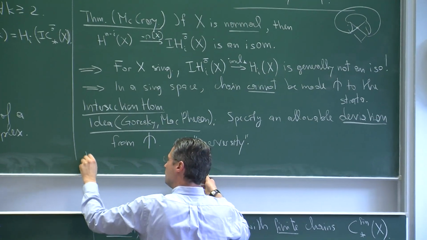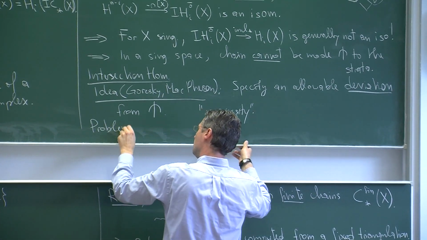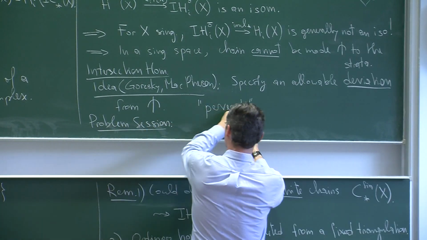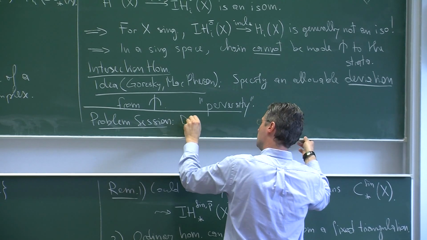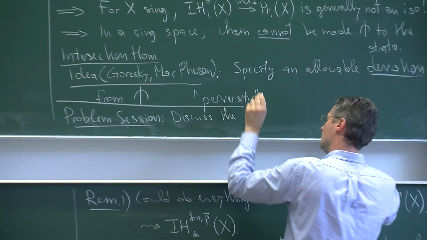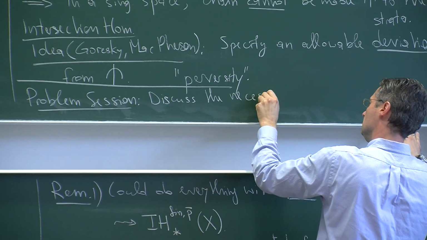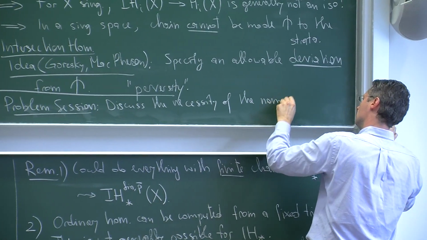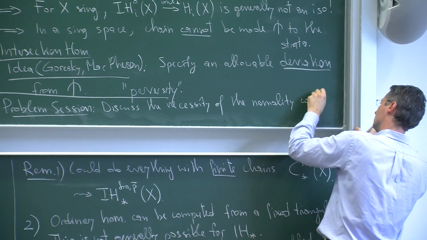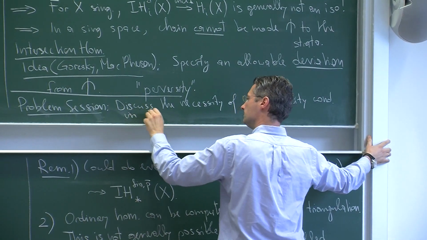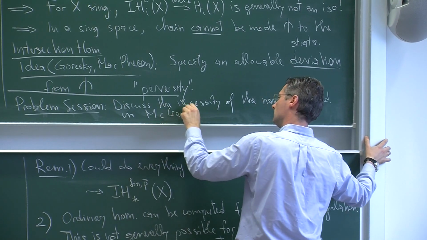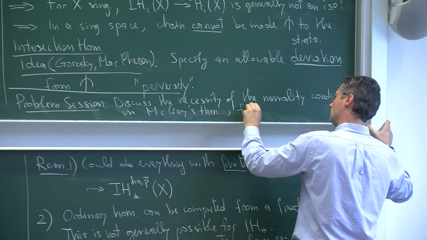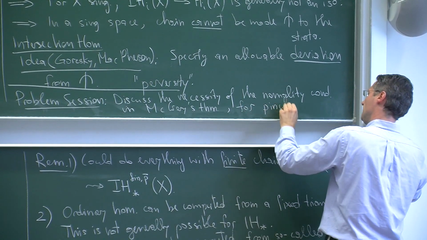Here is a good exercise: discuss the necessity of the normality condition in McCrory's theorem, and perhaps do it for the pinched torus.